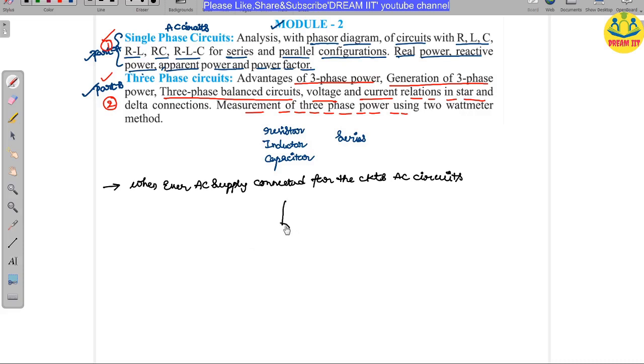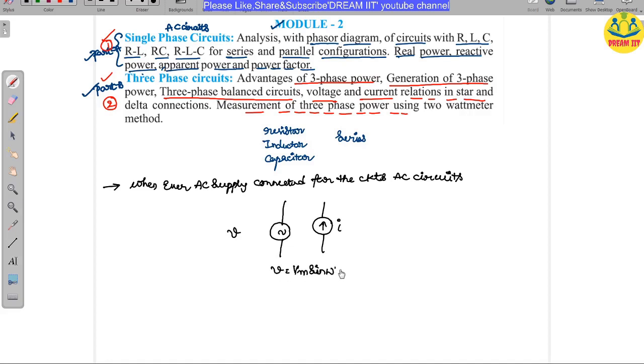I have given how AC voltage sources are represented. Normally they are represented with small letters, and the current will be the same. You already know v equals Vm sin omega t, and i equals Im sin omega t.